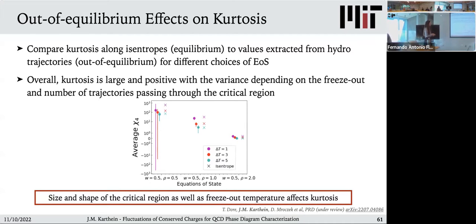And this is for different equations of state. Again, the largest value that's going to be extracted for the kurtosis is for the smallest values of the parameter for the equation of state. We can see that there's an effect from the choice of the equation of state, but also from where the freeze-out temperature sits in the phase diagram.